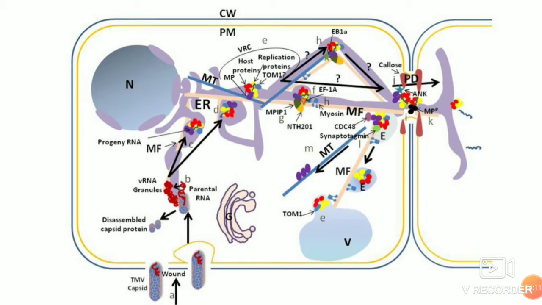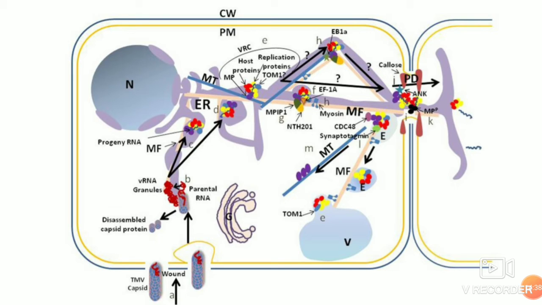VRC contains viral RNA, movement protein, and the replication protein of the host, that is TOM1. TOM1 is a membrane protein that interacts with the replication protein and serves as the anchor between the replication protein and the host membrane.